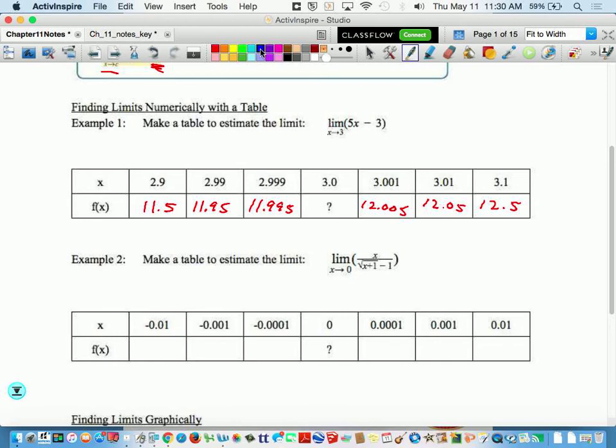We haven't done anything here. I'm just getting closer. I'm asking you guys to put in 2.9, somebody else says 2.99. What are the red numbers getting close to? As you move in, they're getting close to what? 12. That's your limit. The limit is 12.